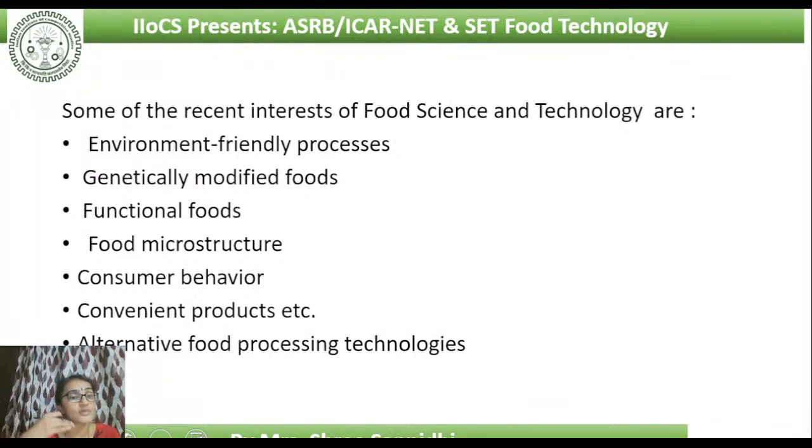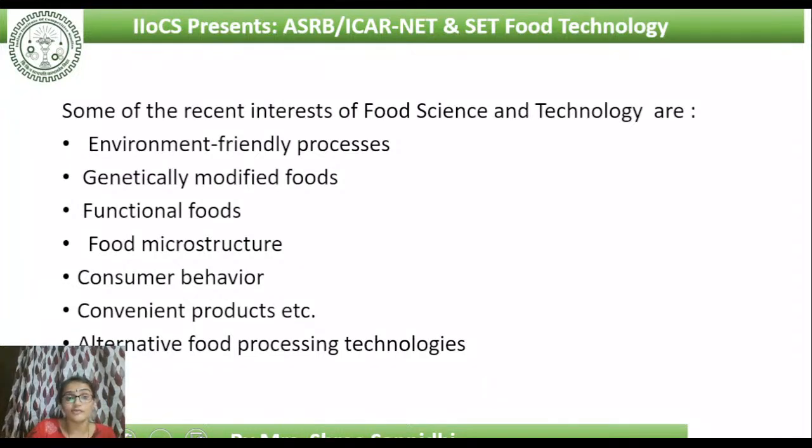The next one is functional foods. In functional foods, the foods will be enriched with some nutrient. For example, salt. In salt we get iodized salt, so that we don't become deficient in iodine. So the salt is made a functional food by adding iodine.